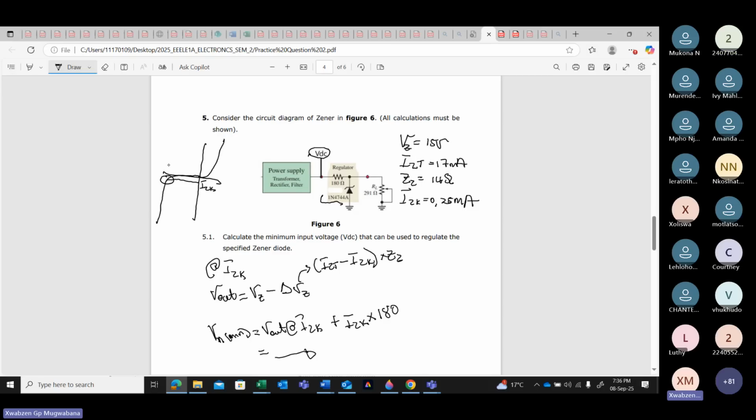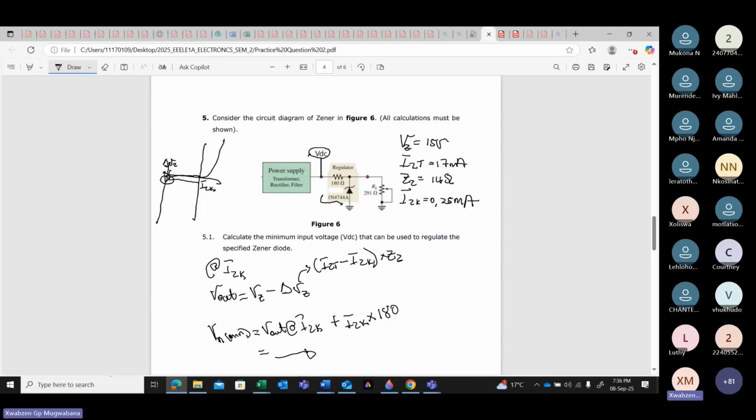Now, with the IZK, this is your current, that is your voltage. Because it's a knee, it's a curve, then you have got your change in V of Z. It is a curve. Therefore, this is where you will find a point within this magnitude here.